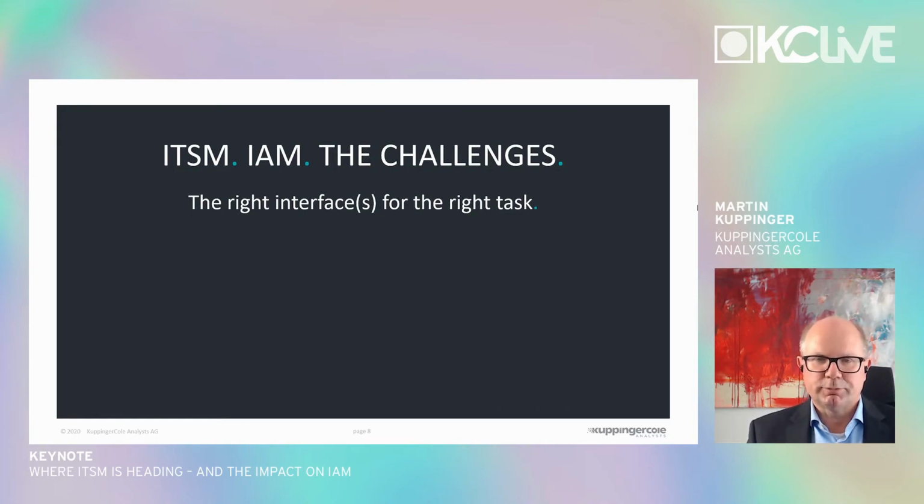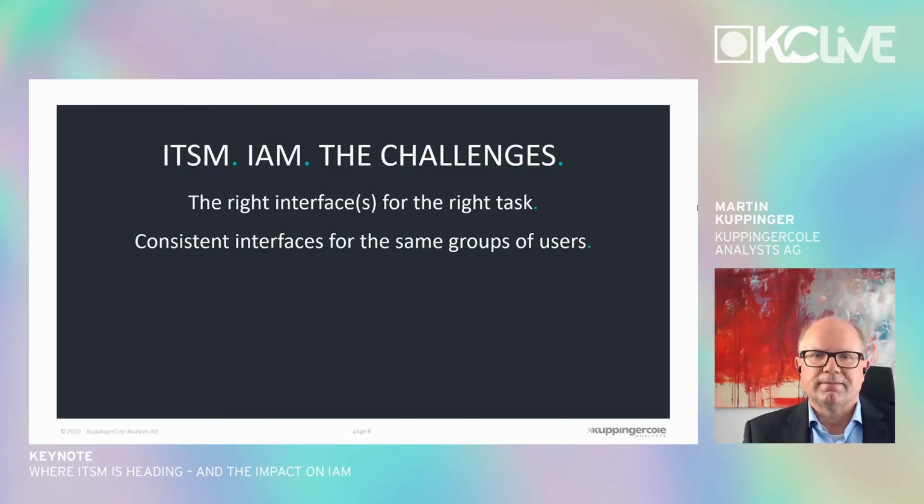So identity management has its specifics when it comes to requesting access, to approving access, which is pretty much standard, you say. But when you look at reviewing access, when you look at certain other tasks, then things might become more complex. And so the question is, how do you integrate interfaces, integrate UIs? How do you do it right so that it really works for the task?